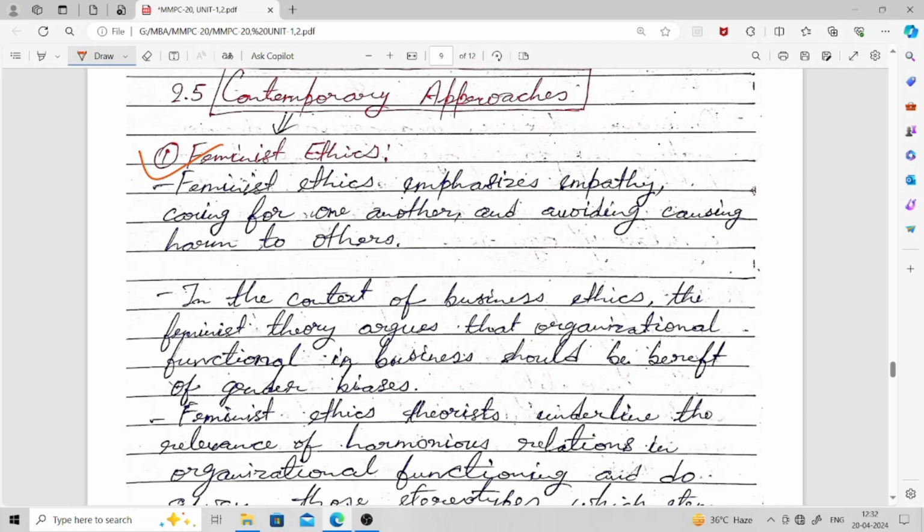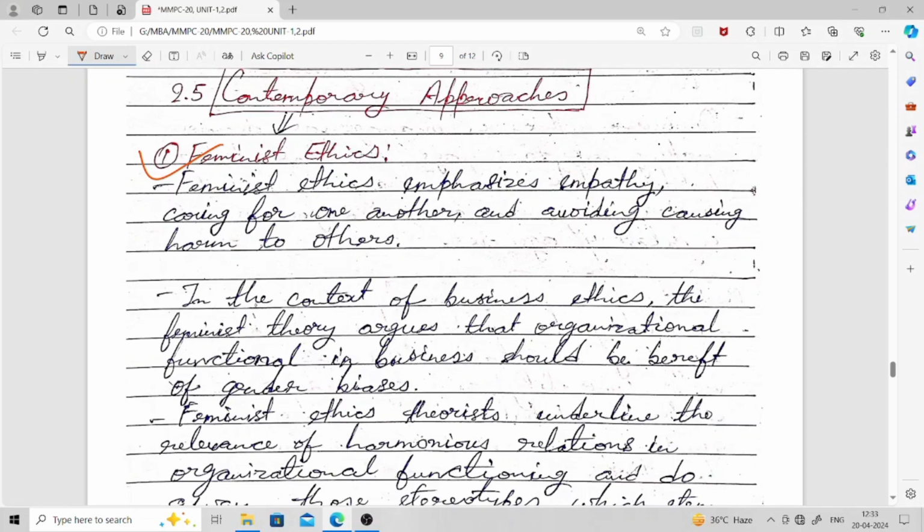Feminist ethics emphasizes empathy, caring for one another, and avoiding causing harm to others. So if any decision is not harming any other person, it is careful, then you can consider it an ethical decision.